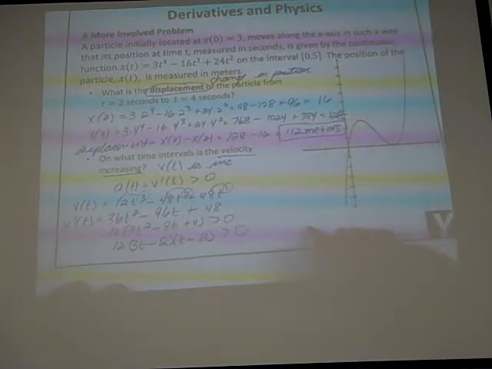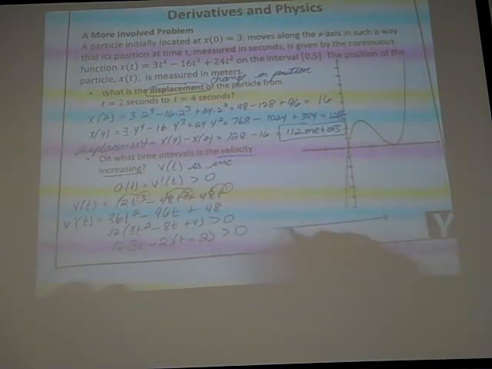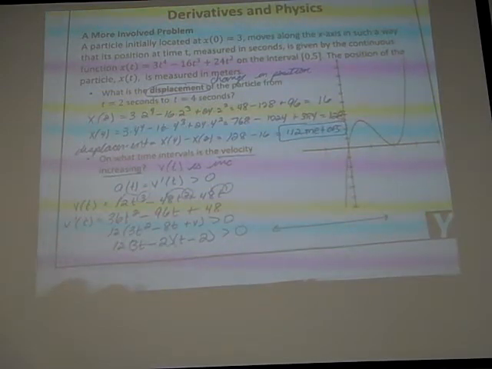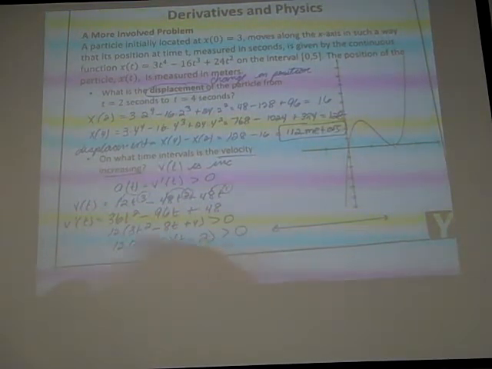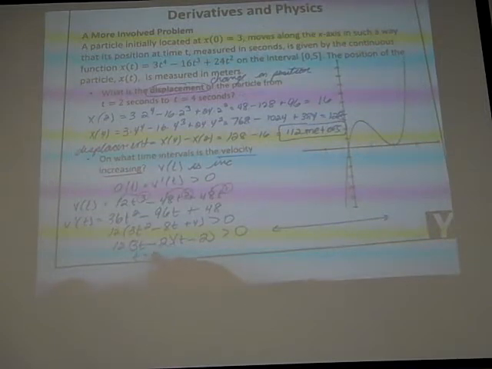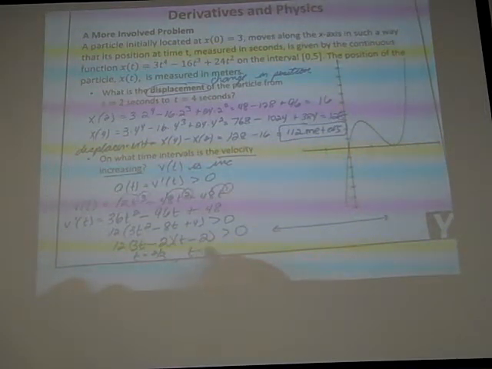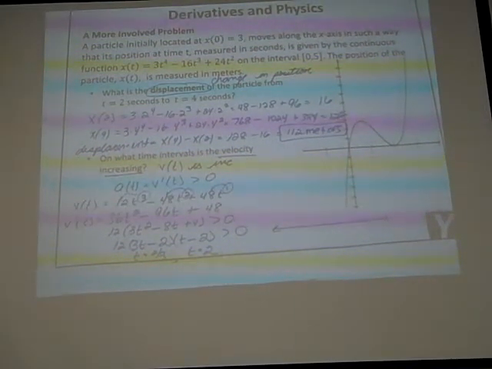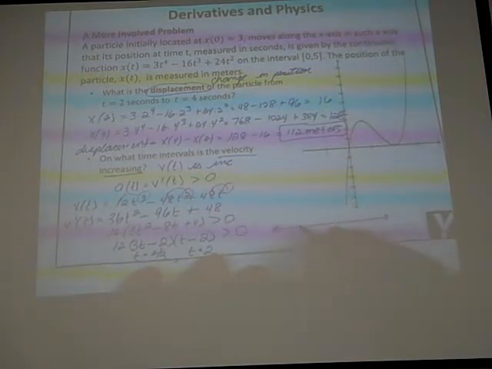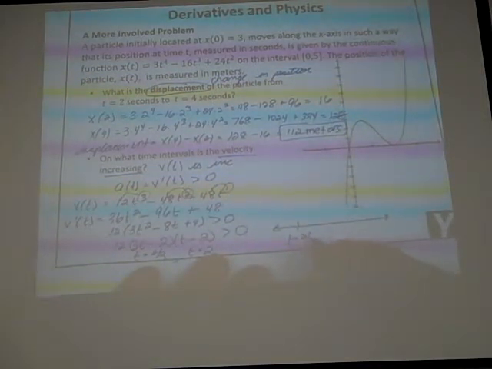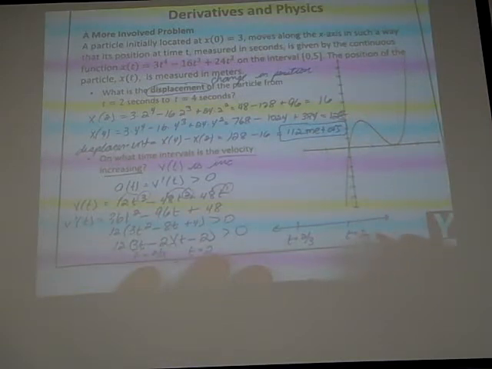Perfect. What I want to do is my number line test. In order to do that, I need to find the roots. I know if t is equal to 2/3 or if t is equal to 2, the derivative will be 0. So t equals 2/3, t equals 2.